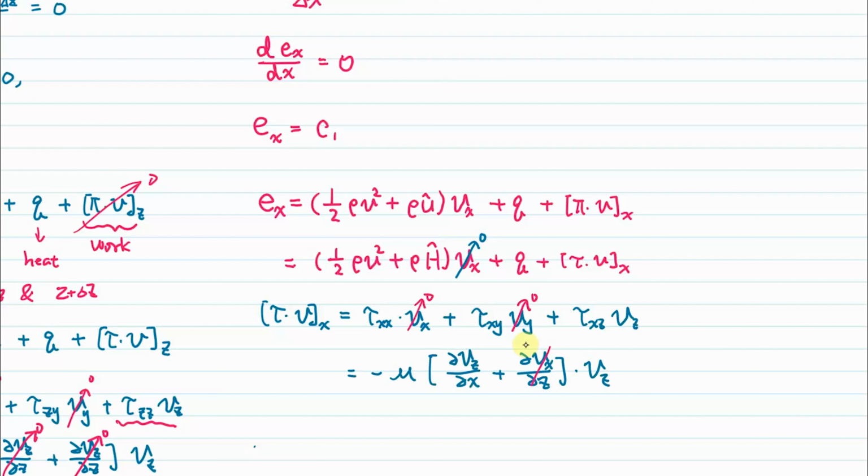Now vx is 0, but we do have this term, because vz is a function of x. So this equals negative mu partial vz partial x times vz.